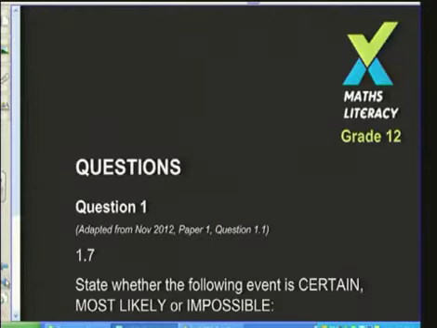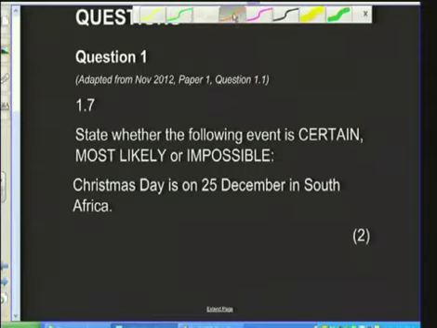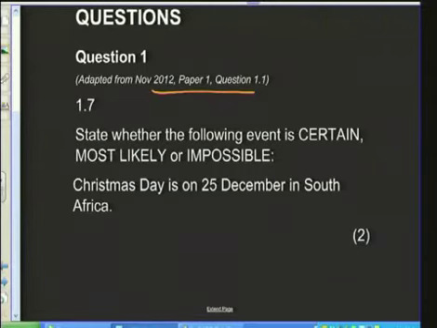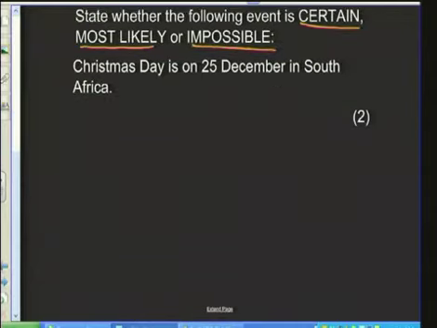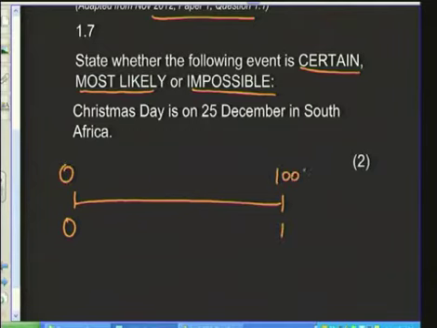So let's see what our next question is. Our next question, same paper, state whether the following event is certain, most likely or impossible. So this comes down to a probability. When we're looking at a probability, we are looking at some values between 0 and 1 or 0 and 100%.